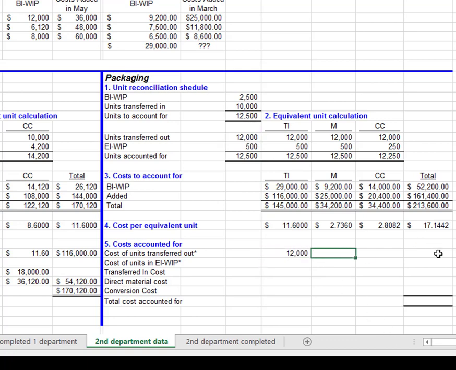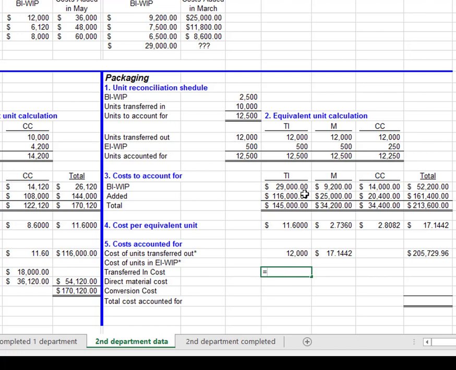And my cost, and multiply that together. There's what's going out. Okay, that's what's going from packaging to finished goods inventory. All right. And then my ending inventory work in process.